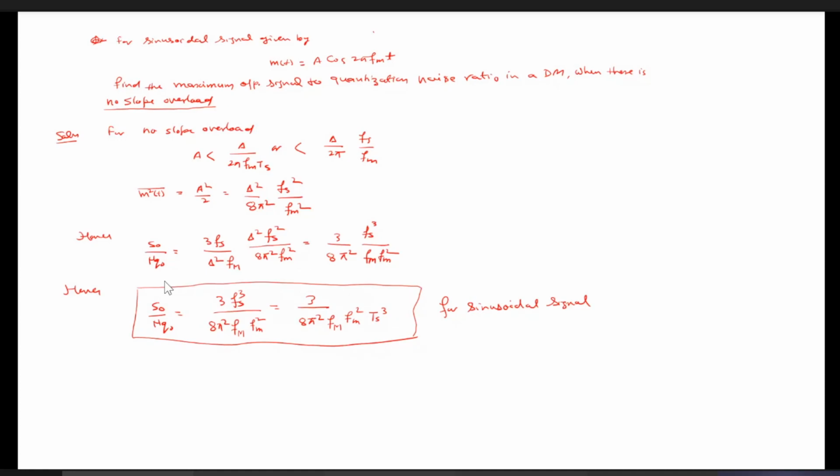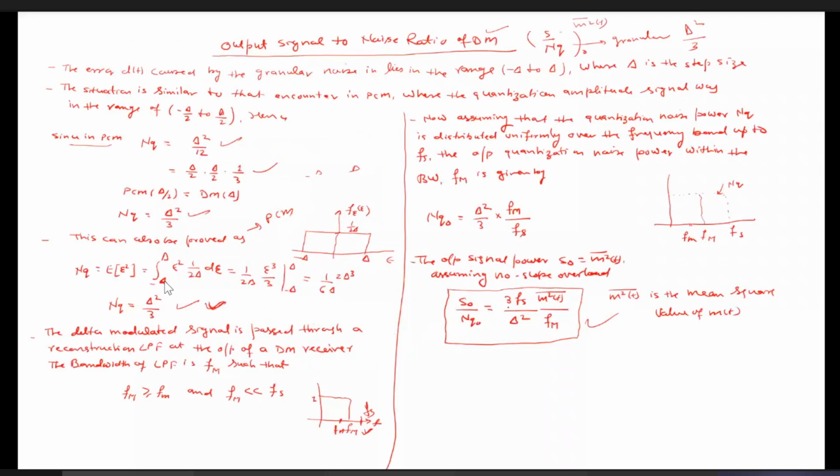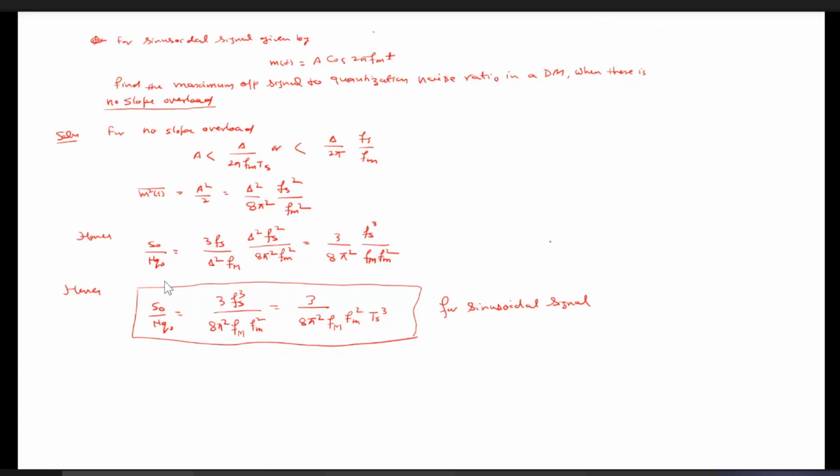That is, find the maximum output signal to quantization noise ratio in the delta modulated system when there is no slope overload. We want to calculate this expression, 3 f_s divided by delta square times m bar square t by f_m, but at the same time we are trying to avoid the slope overload distortion.